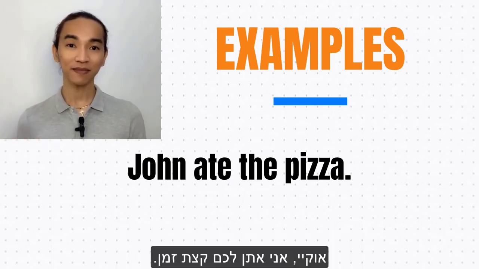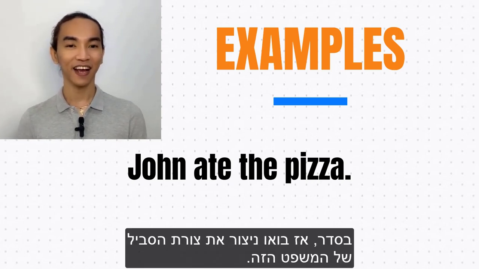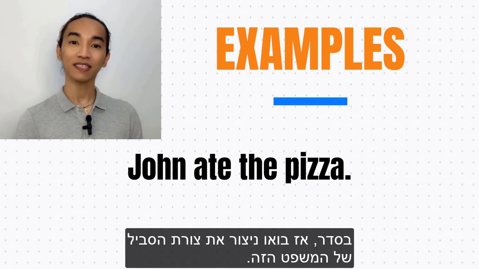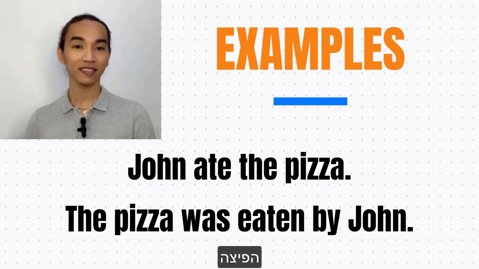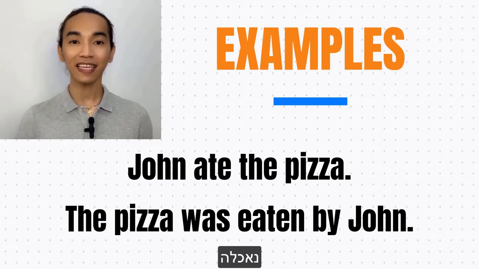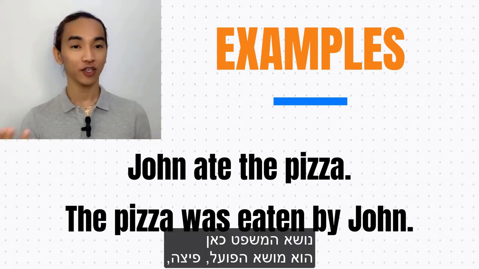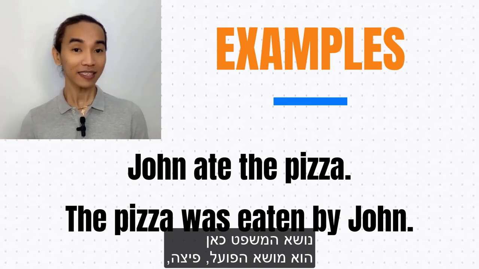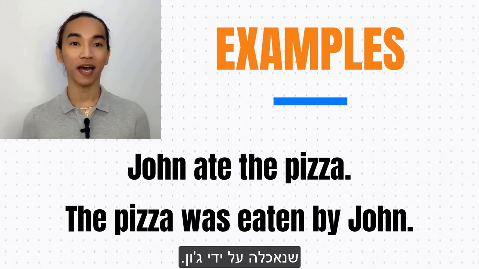Okay, let me give you some time. All right, so let's make the passive voice of this sentence. The pizza was eaten by John. Your object here becomes the subject. The pizza was eaten by John.